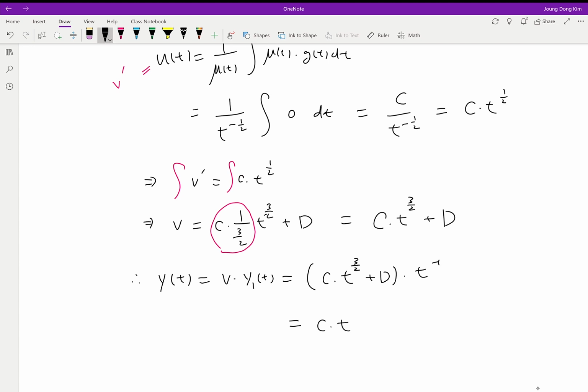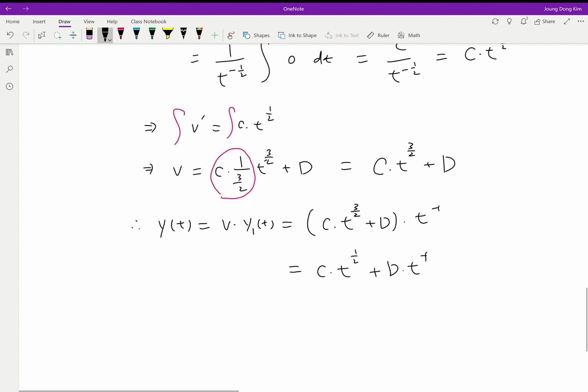Finally, it is c times t to the 1 half plus d times t to the minus 1. But you know what? At this moment, I do not write y2, I'm just writing y, right? Because look at this one: this part is y1. Whenever you make the linear combination form, this d times t to the minus 1 will belong to the y1 part. In other words, we can say this guy is your y2.